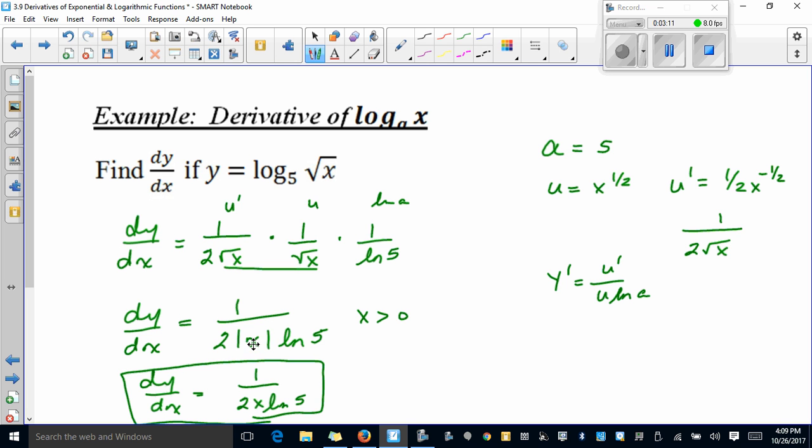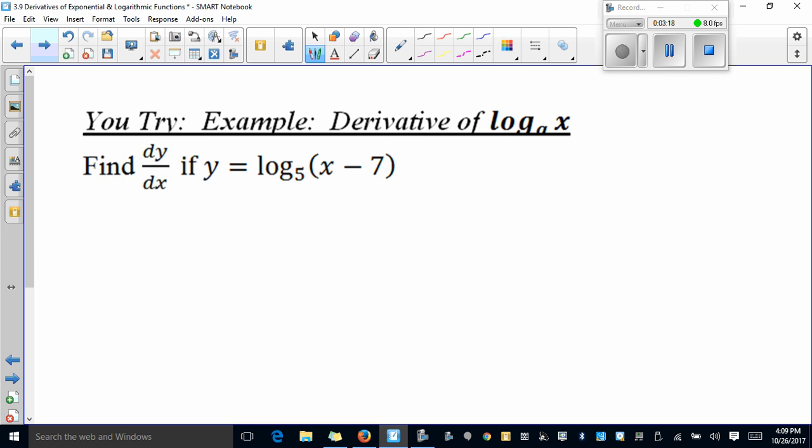Okay, let's look at another example. Log base 5 of x minus 7. You can always pause this one, see if you can do it on your own. Doesn't hurt. If you paused, then you'd come back and see how you did. If you didn't pause, well, here we go. A, which is our base, is 5. u is equal to x minus 7. u prime is 1.